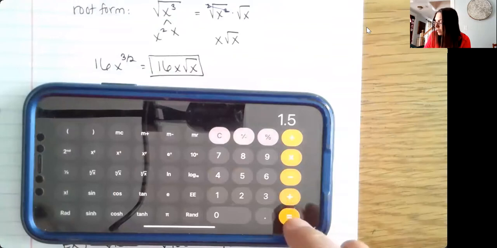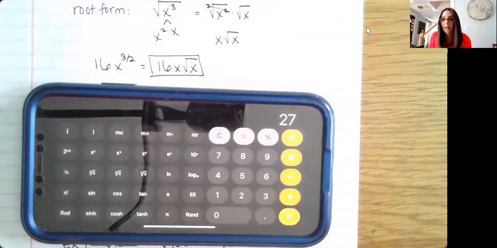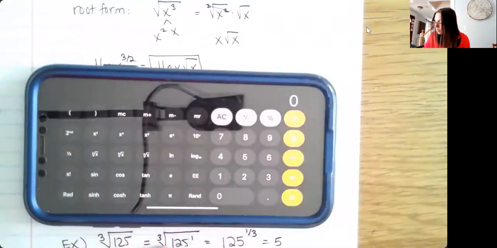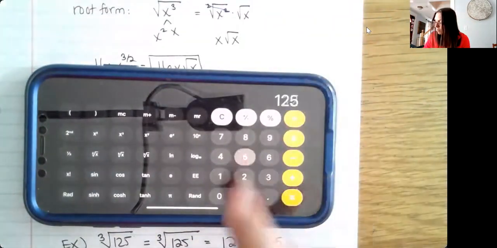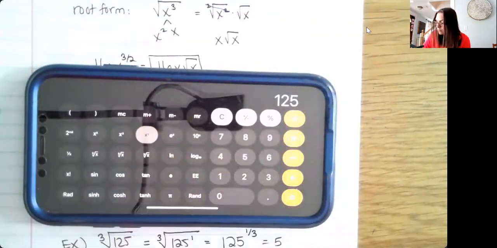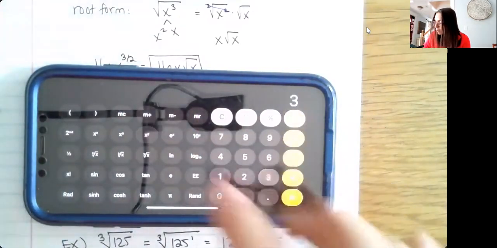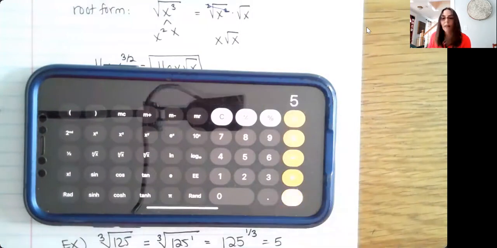Then you hit equals again, and you'll get the 9 to the 1.5 power. That's another way you can do it, okay? If I do this one, I can do 125 exponent, parentheses, 1 divided by 3, close parentheses, equals, and there's that 5 that we did for the other example.